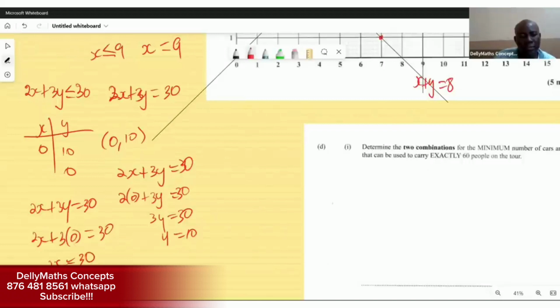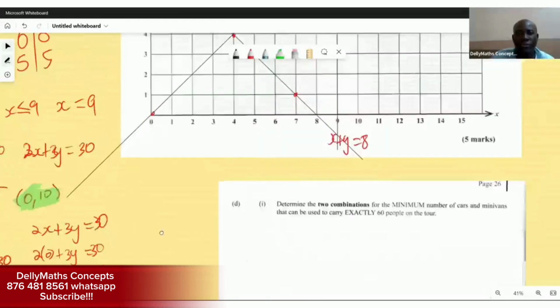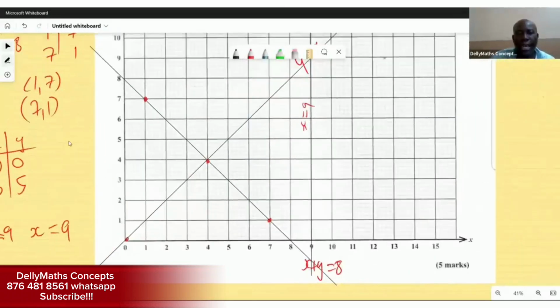That means x is 15. So the point is 15, 0. We have 0, 10 and 15, 0. Those are the 2 points that I need to find just to connect that line.